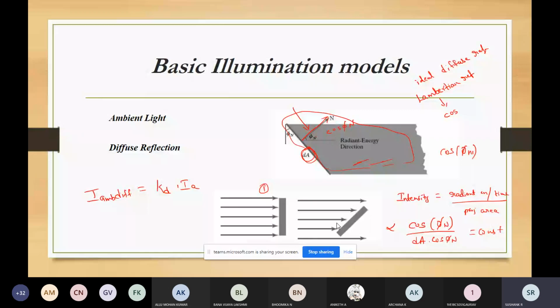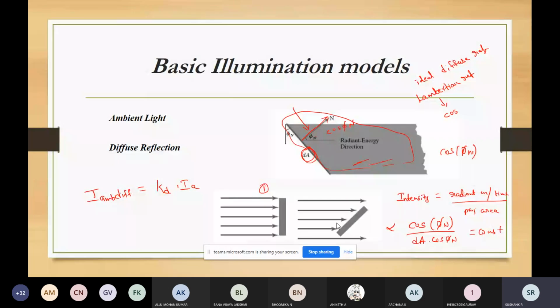So when the object is perpendicular, it will be more illuminated compared to an object which is at an angle to the direction of the light.